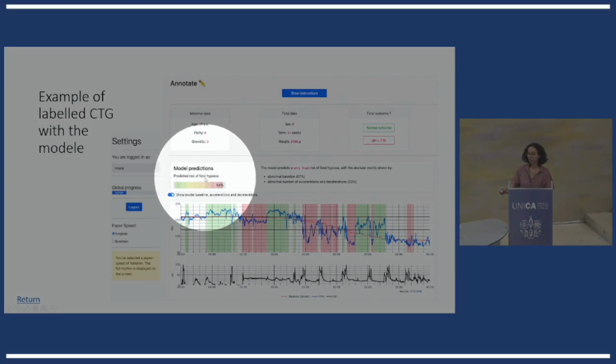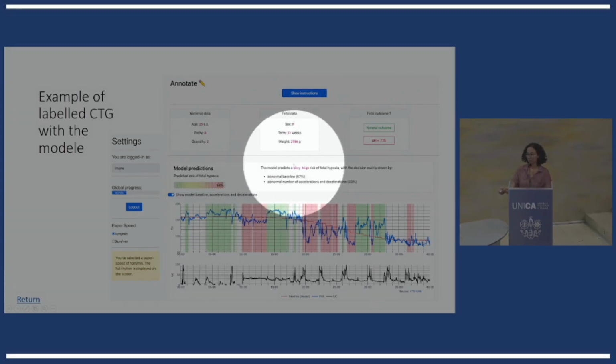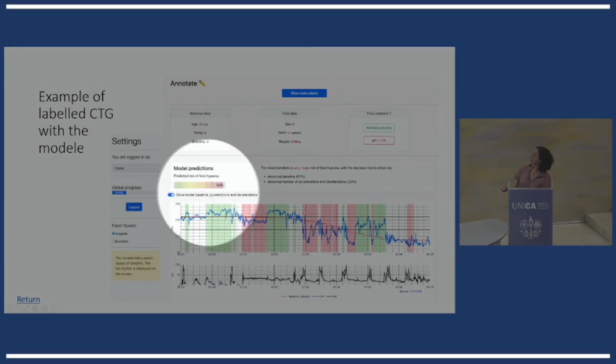The first one was the prediction of the model, and the prediction was only a number. They have a prediction of the risk of the fetus being in hypoxia. They have a characterization of this risk in words; here it was 94%.